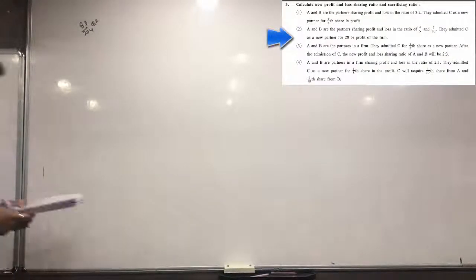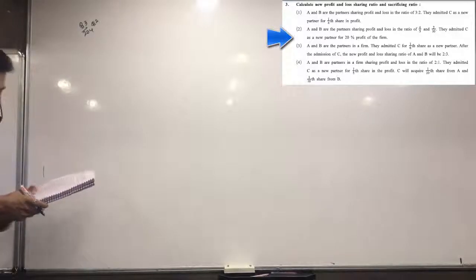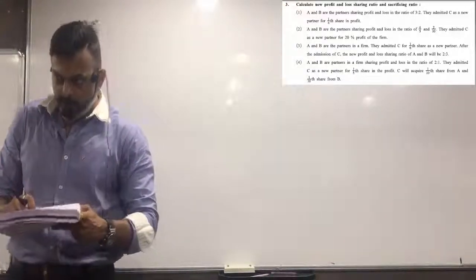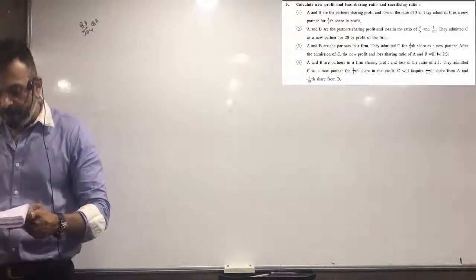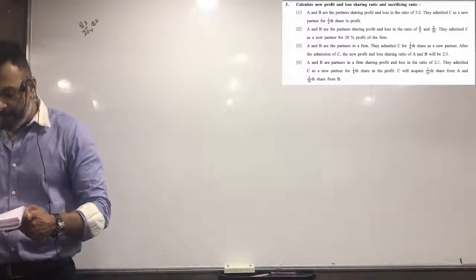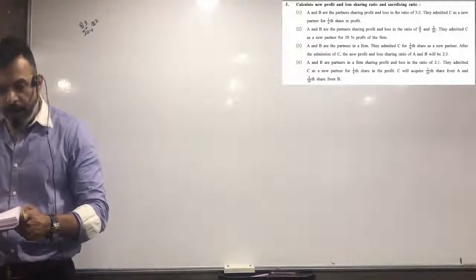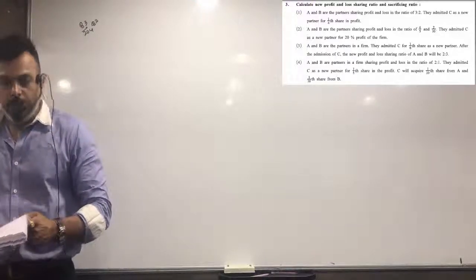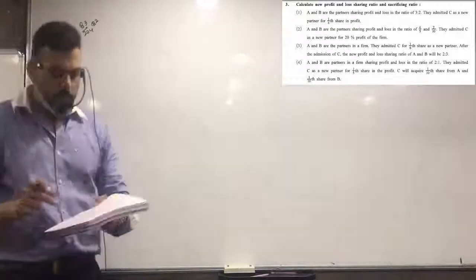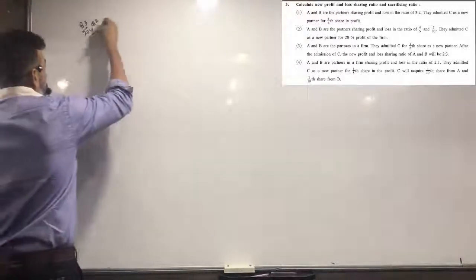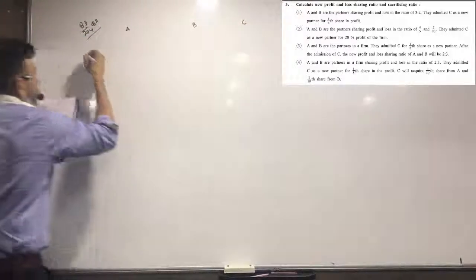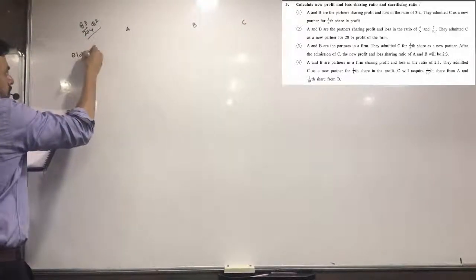Question number 2. A and B are partners sharing profit and loss in the ratio of 4/5 and 2/10. They admitted C as a new partner for 20% profit of the firm. Now please ध्यान देना. Now again we write A, B and C. Old ratio.